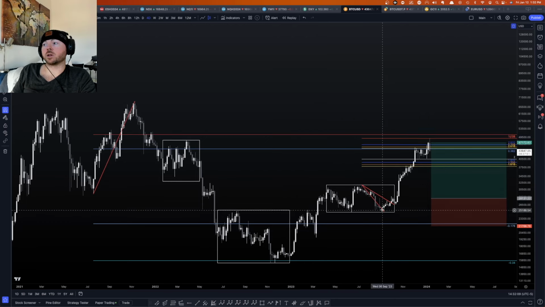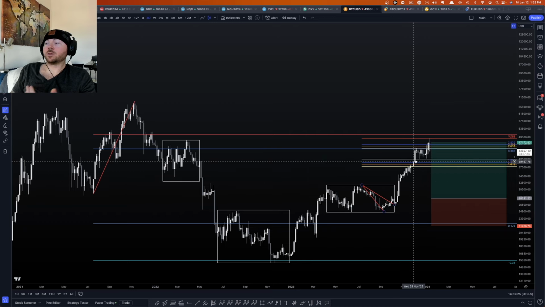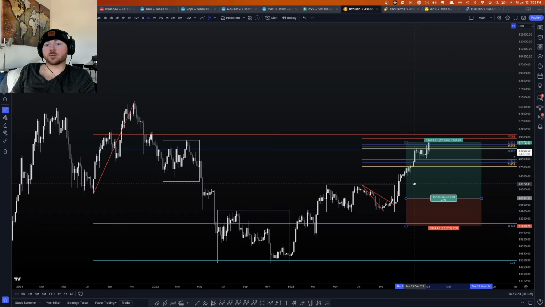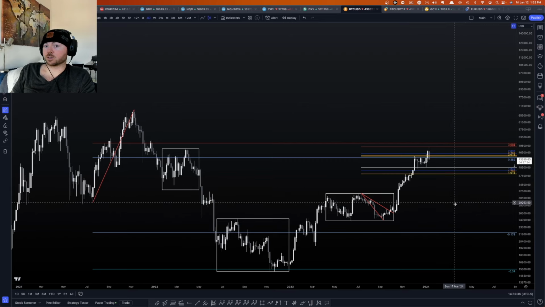If they're accumulating in this range and they can get a 3 to 1, which you can see here, assuming you averaged around the 0.5, then you're out of your position. As an institution you're 100% satisfied with your 3 to 1 playing out, and then you're out. That's the thought process of this.